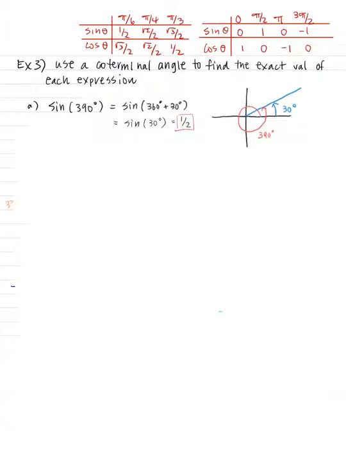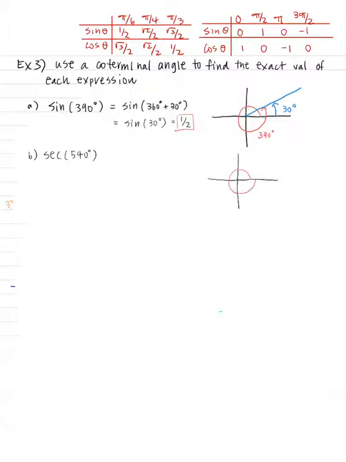Okay, so let's do another example. Let's call this one example B. Let's go with secant of 540 degrees. Again, I'm going to draw out the picture and see what's going on here. Let's first determine how much revolution we're going to have to go. 540, we definitely have to revolve the whole entire 360 first.